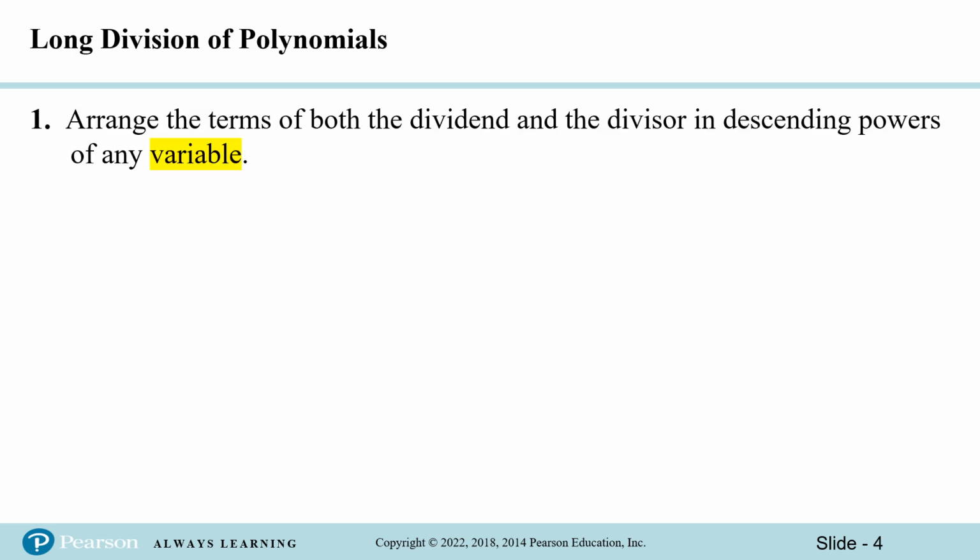Okay, so long division, what do we have to do? We have to write it in descending order, so the highest power first. Both the dividend and the divisor have to be written in descending order.